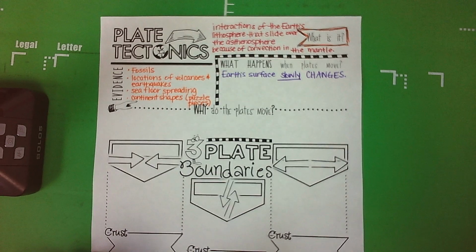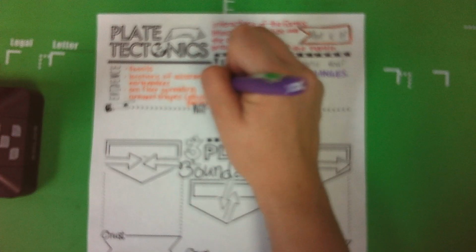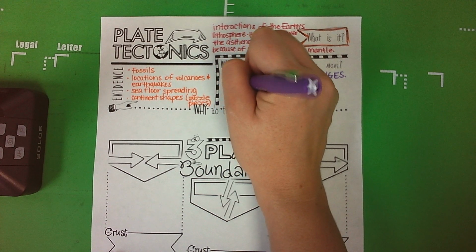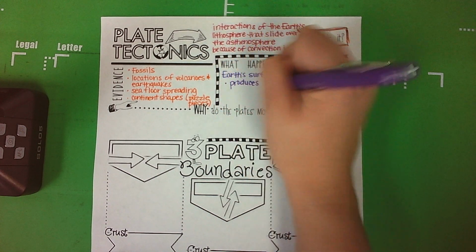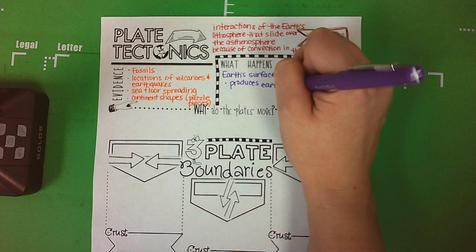Alright, slowly changes. Now remember, this is a slow process because consider the amount of movement it would take to move pieces of the lithosphere. Okay, so it produces earthquakes and volcanoes.